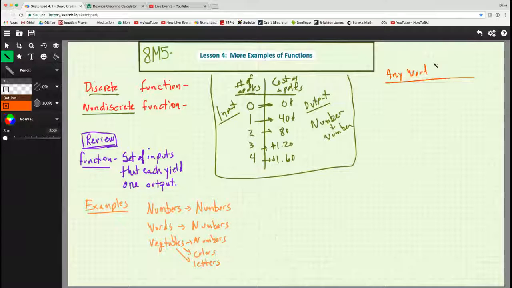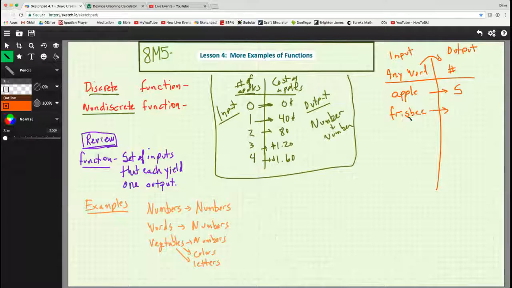I'm going to see if you can guess the function, and then I'll tell it to you at the end. So the word could be apple. That's a word. But then a word could be frisbee. Apple gives you a number, and the output is the number. You're going to have to guess what this function does. Remember, you put something in, you get something out. This is an input. We put it into the input machine, some people call it, and this is our output.